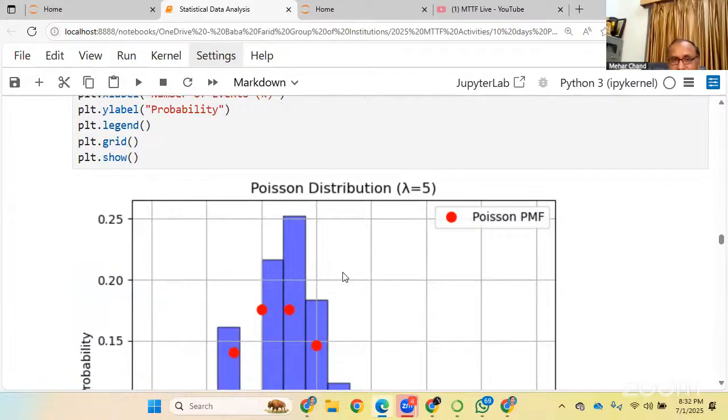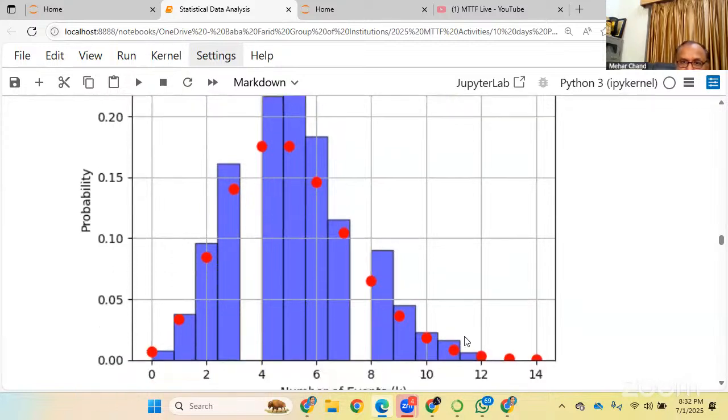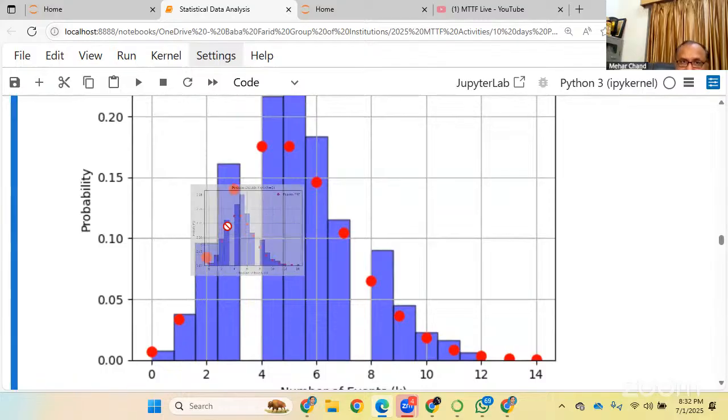And the histogram, and inside we used the red circle for Poisson PMF, so here you can see these dots. This shows how the data is distributed when we have discrete data. So dot, dot, dot, when you join all these, or you can use it at this place.